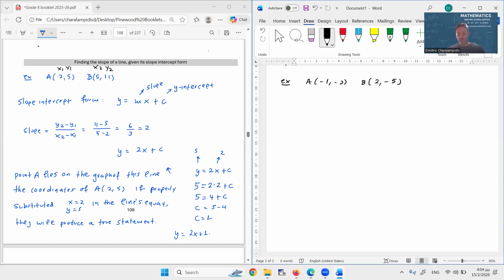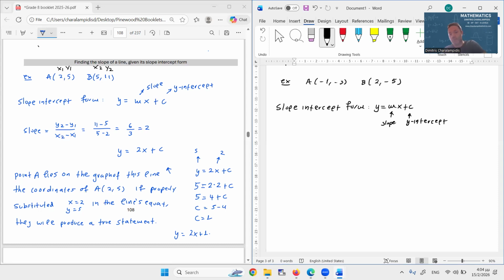So, again, I am looking for the slope-intercept form, which is the form y equals mx plus c. M is the slope and c is the y-intercept.